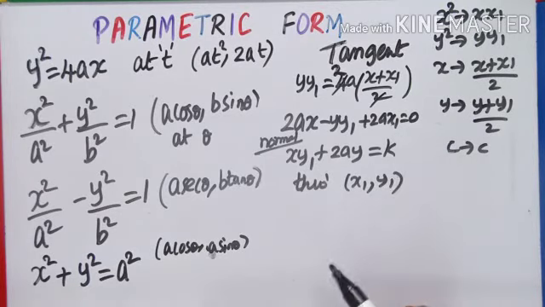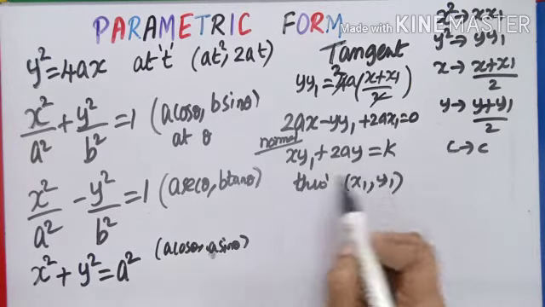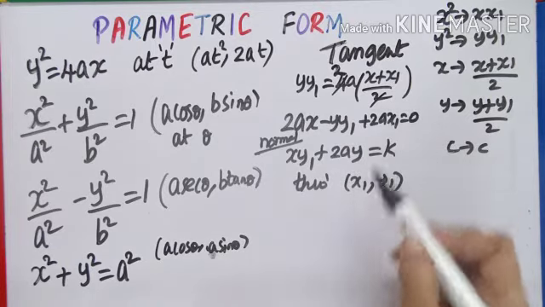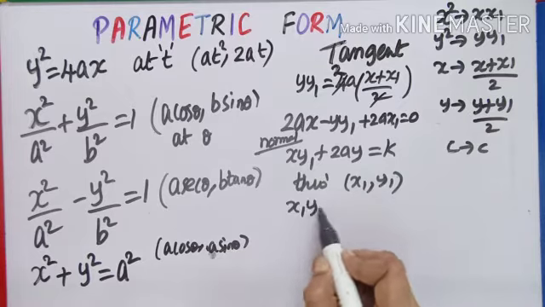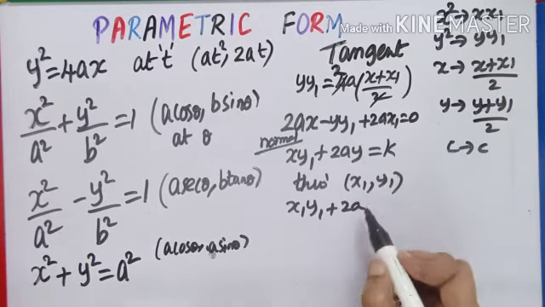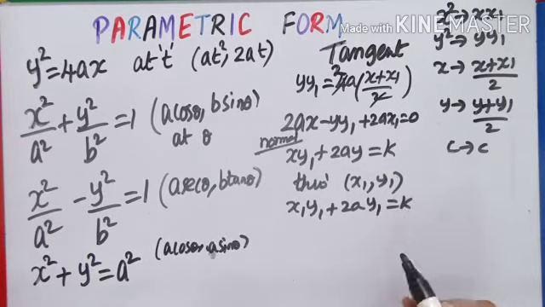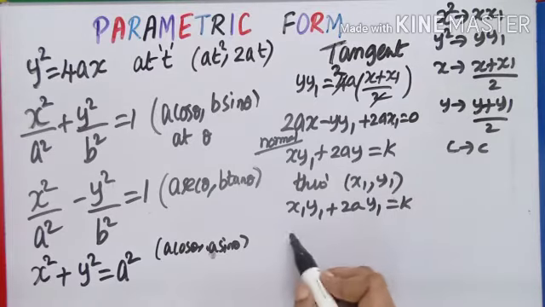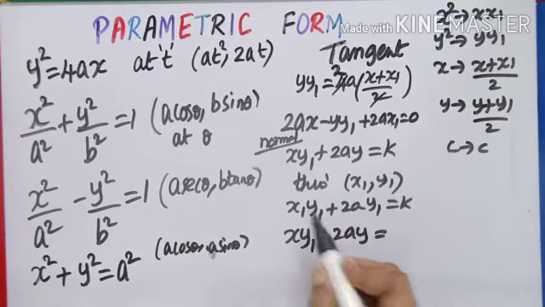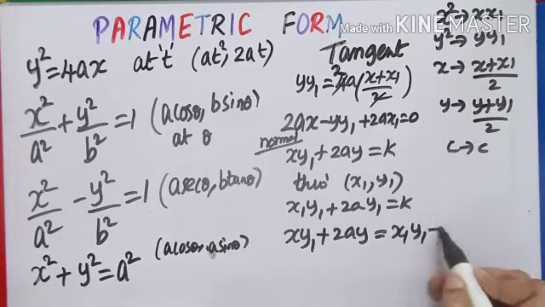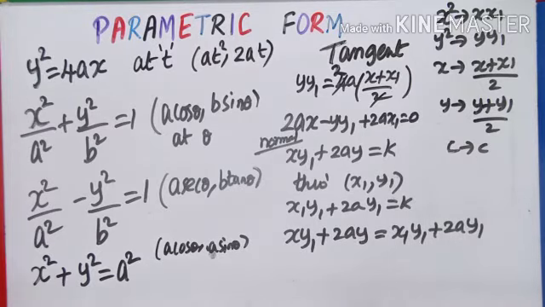To find k, this normal is also passing through x1, y1. So wherever x comes, put x1, and wherever y comes, put y1, equal to k. Put this back in the normal equation. xy1 plus 2ay equals x1y1 plus 2ay1.